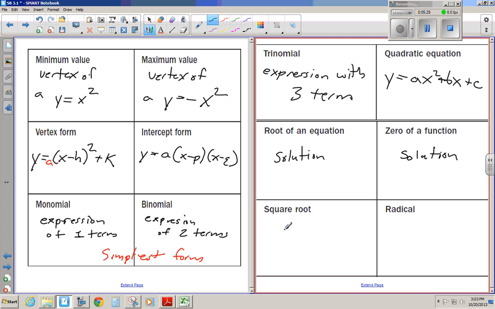Square root is this. Hold on. I'm going to write what you usually see as this. That's a square root. And we assume something here.